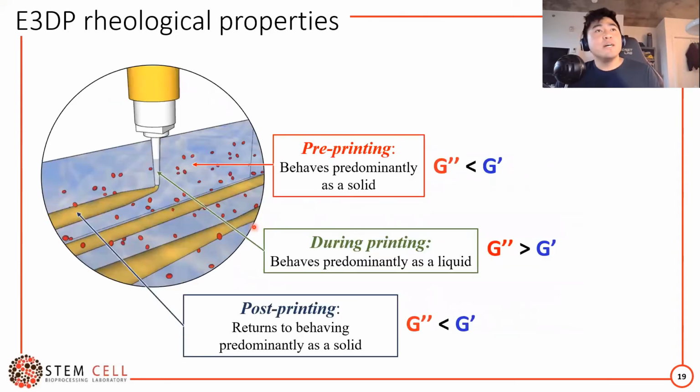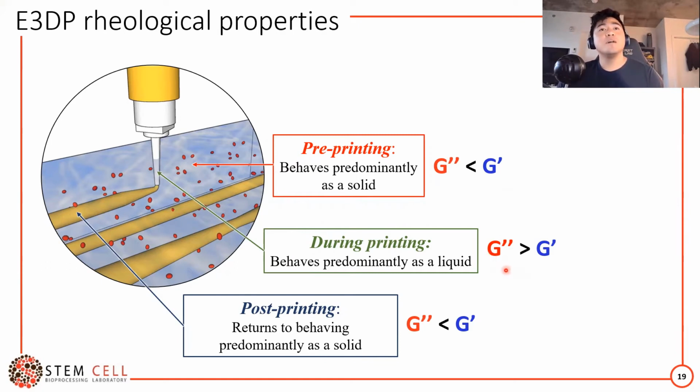So let's boil down the embedded 3D printing to the rheology again, similar to what we did with the bioprinting. Before you print, what you want is a matrix that's solid in order to keep the cells suspended. But while you're printing, as a needle is sweeping through the bath, you want it to displace itself in order to make room for what you are depositing.